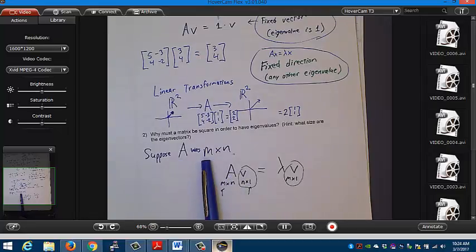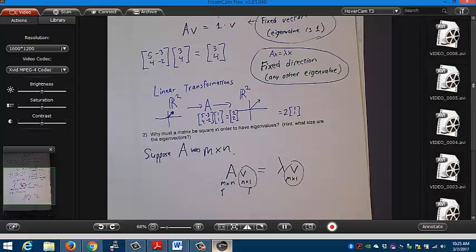Suppose that A is m by n, right? Let me be really careful with this equation and think about what would have to be the dimension of V. See, if this is m by n, the only way you can multiply this column matrix by A is if its dimensions are n by 1. Right? But if you do multiply them together, what size matrix are you going to get?